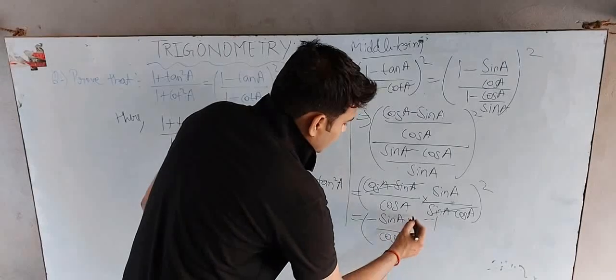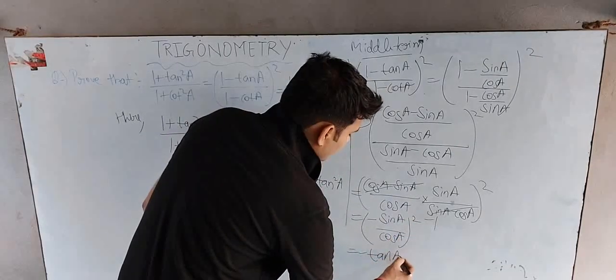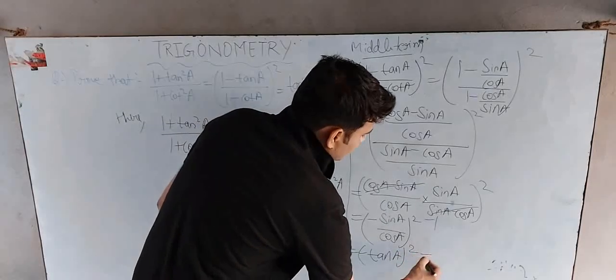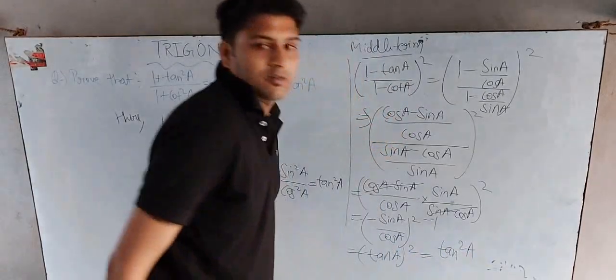So here we will get minus tan A whole square, which will be equals to tan square A.